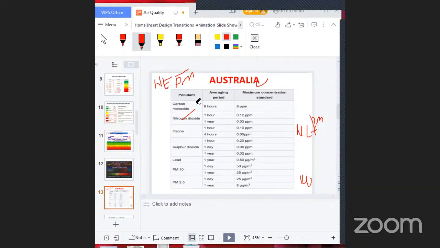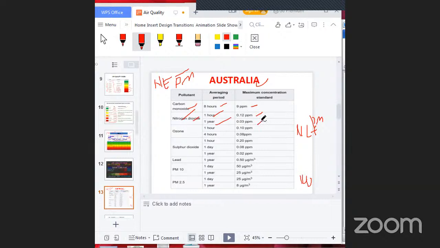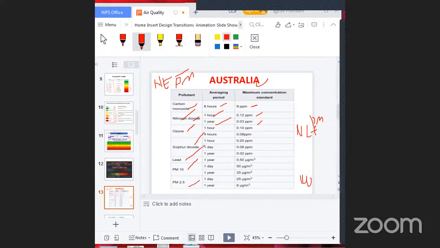Carbon monoxide, for an 8-hour period, is 9 ppm. Nitrogen dioxide is 0.2 ppm for 1 hour and 0.03 ppm for 1 year. Also ozone, sulfur dioxide, lead, PM10 and PM2.5.